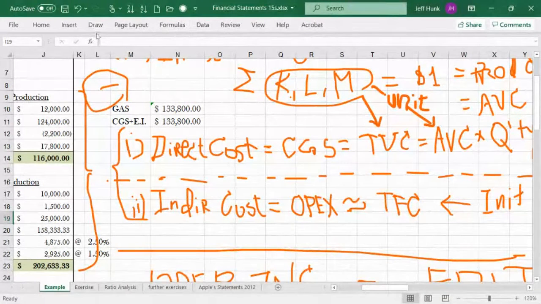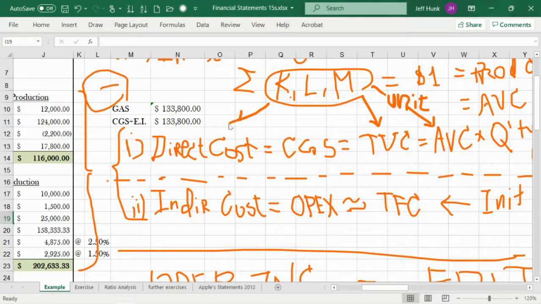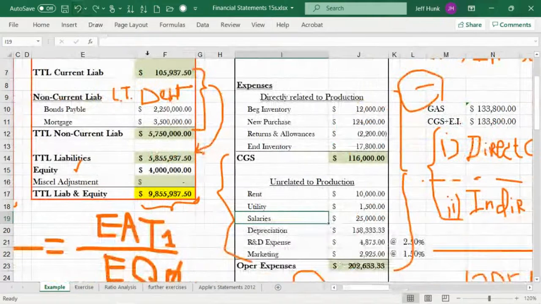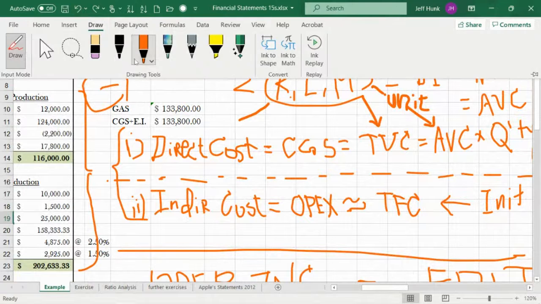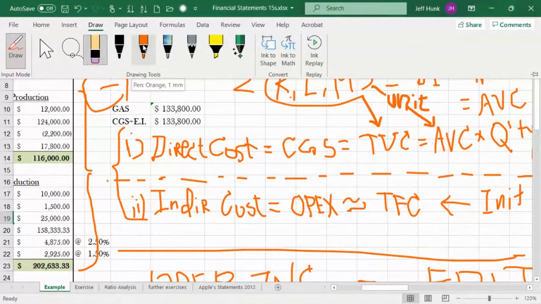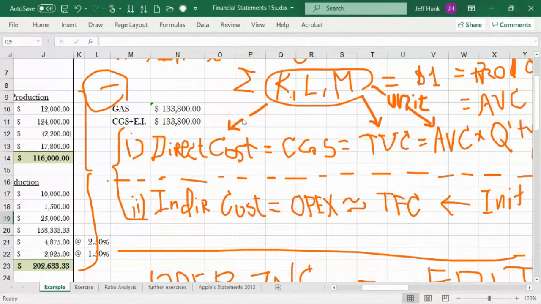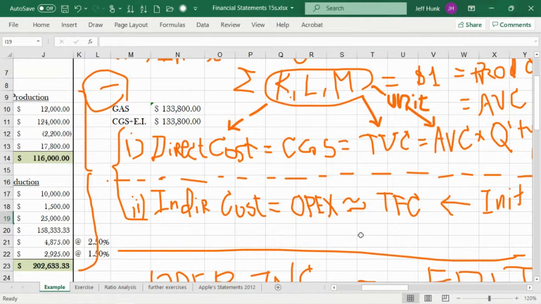Now, if you think about it, I said direct cost is so called because it changes with the production level, but also it is called direct cost because it is the cost of direct inputs of production, or factors of production.